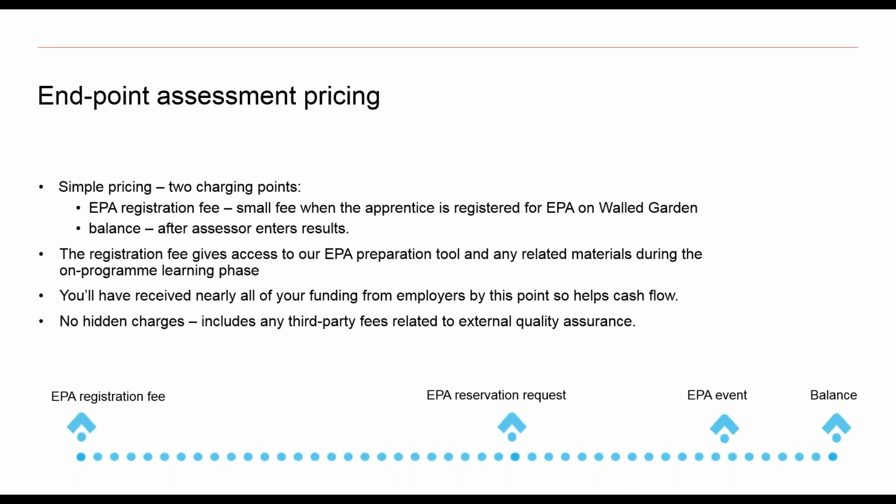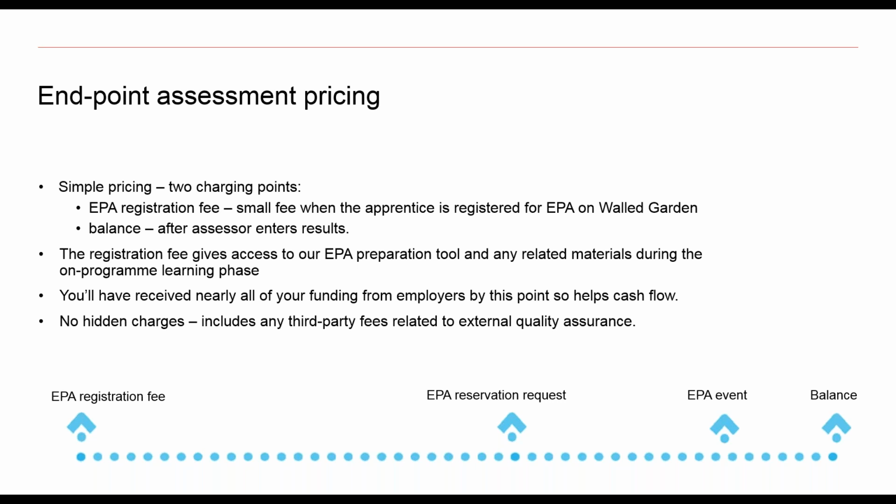What we try to do with our endpoint assessment pricing is to support you with your cash flow, in effect, so that we need an indication that apprentices would need endpoint assessment, hence a registration activity and a registration fee. You would then make the reservation request and the event would take place thereafter.